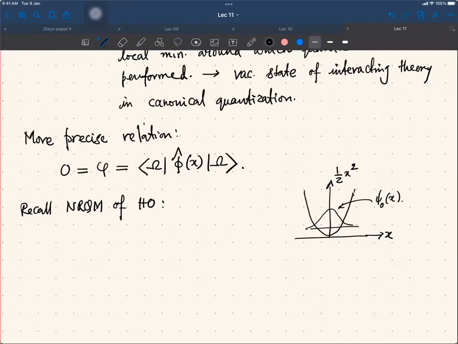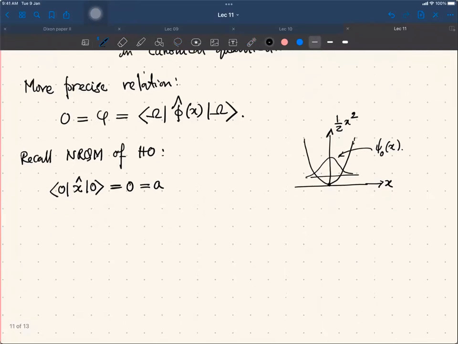And if you calculate the vacuum expectation value of the operator x, then that corresponds to this position, this location, which is equal to 0. You could call it A, and you could consider a shifted harmonic oscillator.